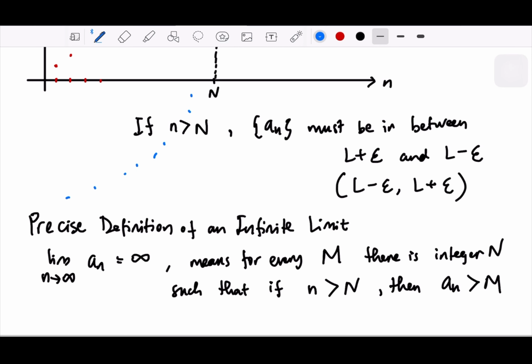So no matter how you put your M, your a_n is always greater than M.